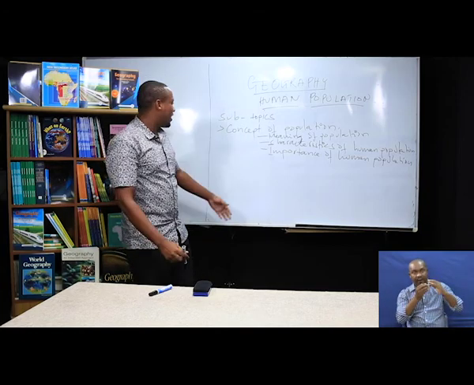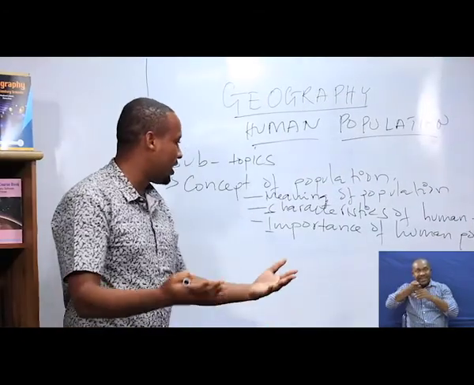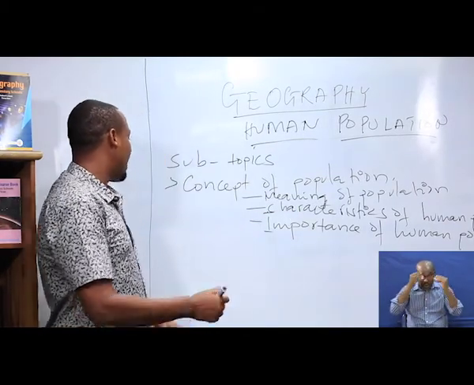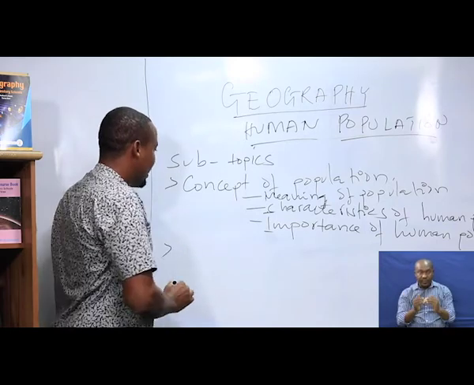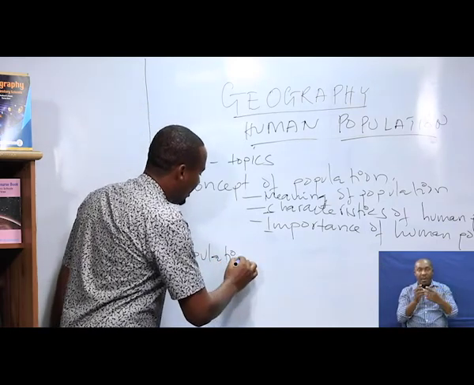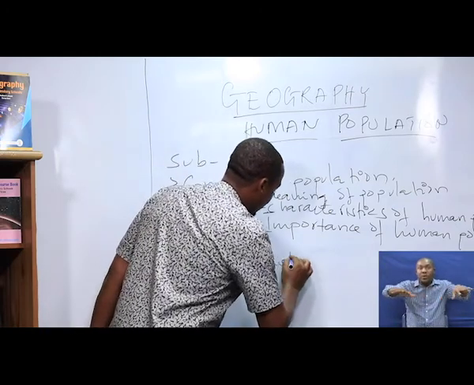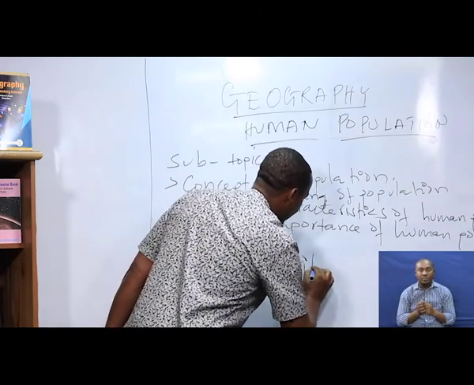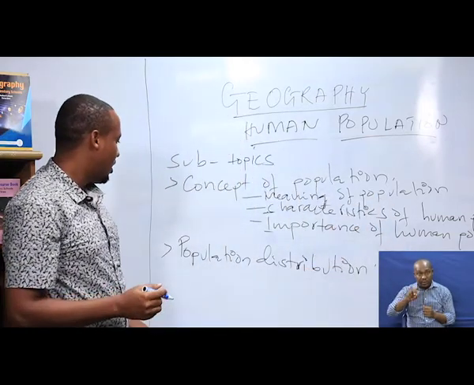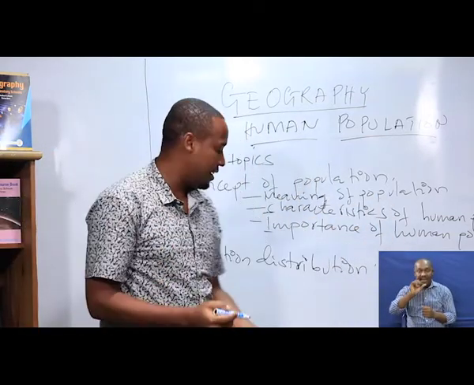subtopic. Then after knowing the concept of populations and the issues related, we jump to the second subtopic. That is population distribution. Very important also, how people spread in an area.